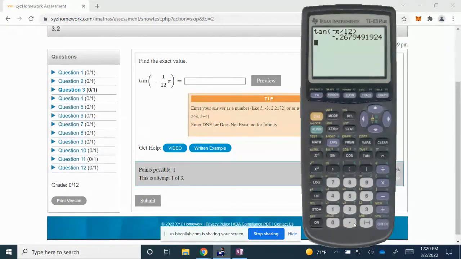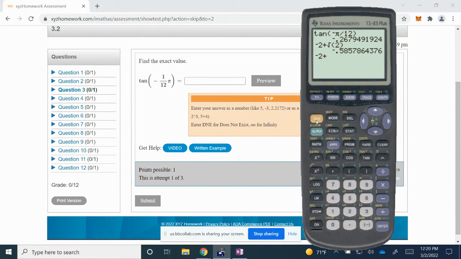And I'm going to put in negative 2 plus the square root of 3. Right, and we have our result, negative 0.26.